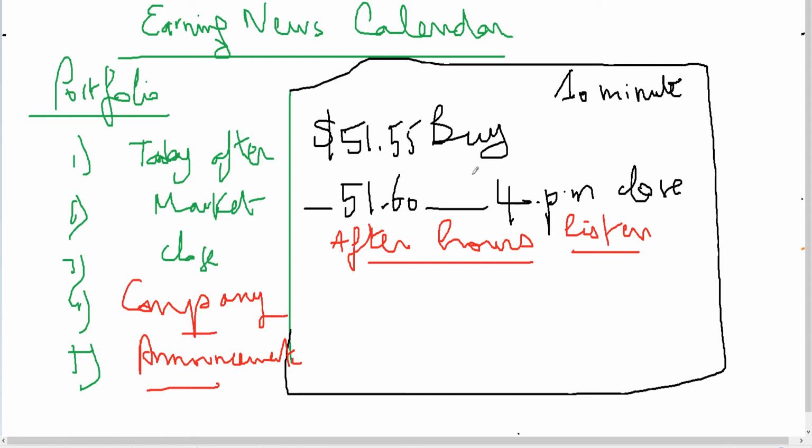They give you the quarter earning per share, which is EPS. Let's say the analysts' earning per share estimate is $1.15. This is what the analysts say.